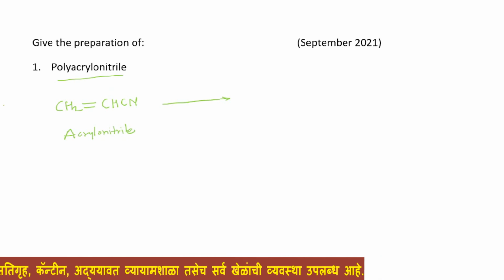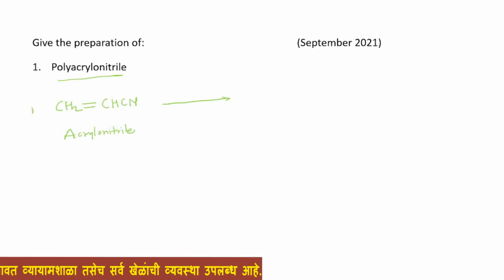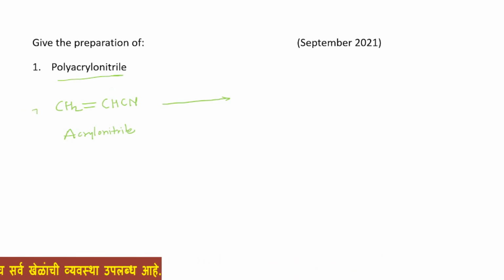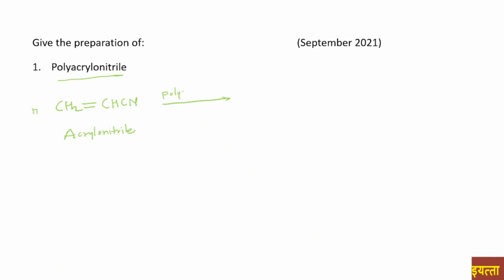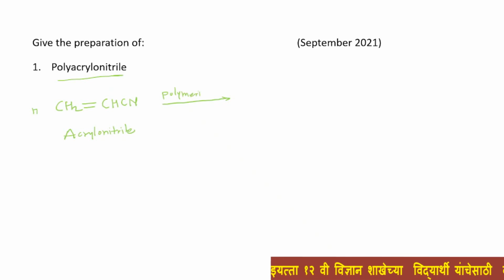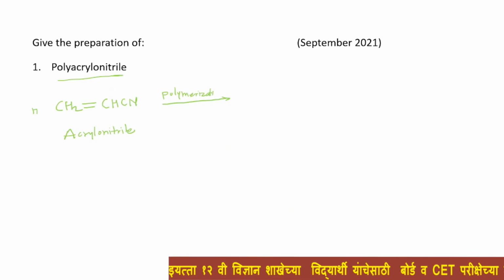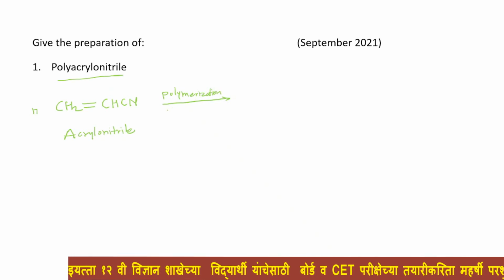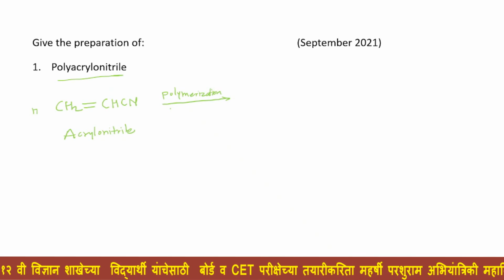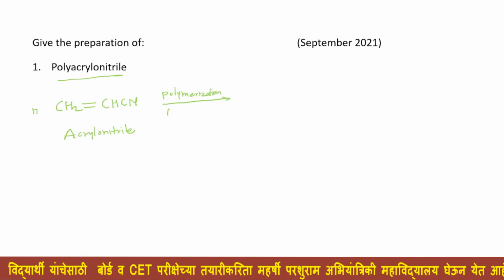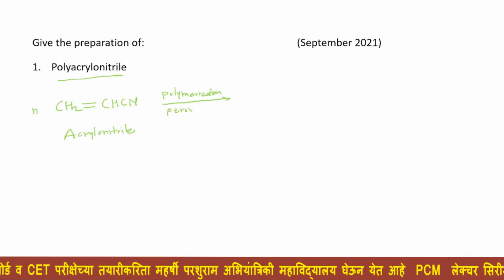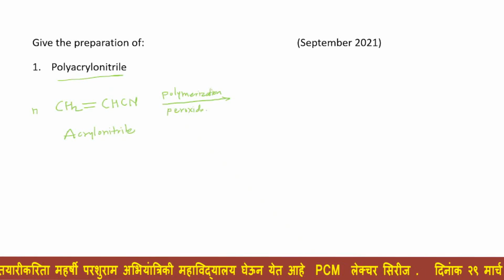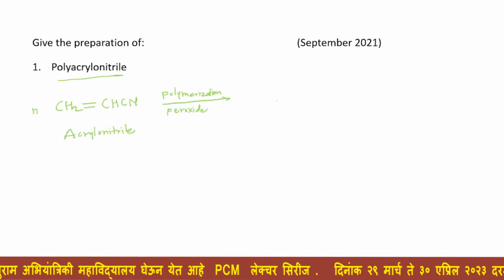In the simple one-step reaction you have to show, we take n number of repeating units. The reaction that happens here is polymerization. We require the initiator, as I said, the peroxide initiator we are going to use.